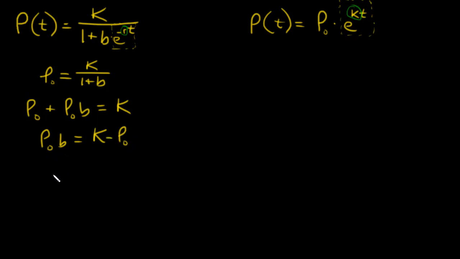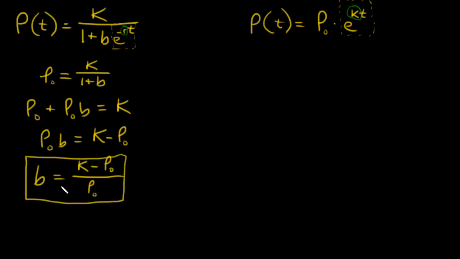Then divide both sides by P naught to get B is equal to K minus P naught over P naught. Okay? So this is going to give us an expression for our B, and that's all that we really need.